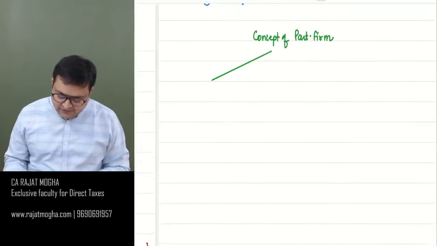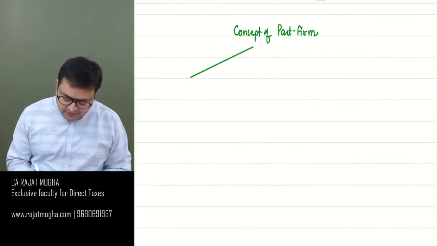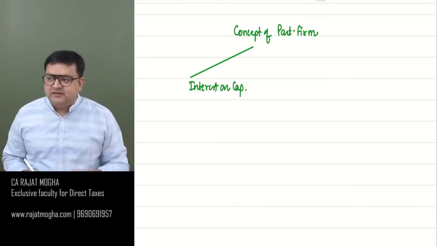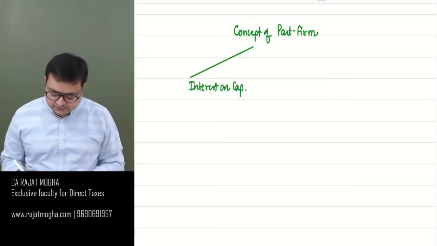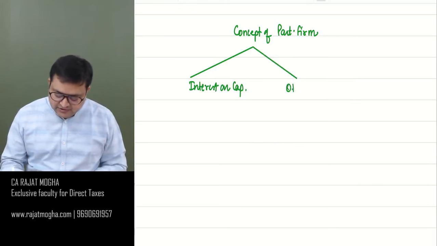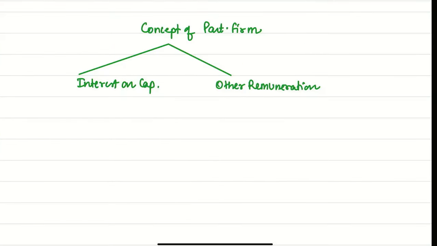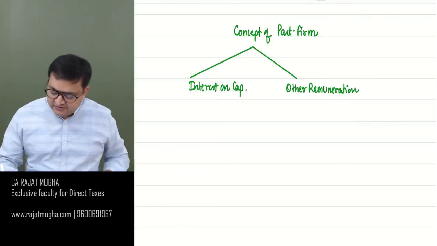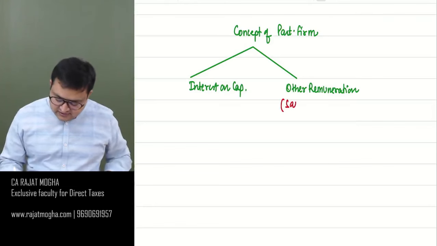If partners receive interest on capital, if partners receive other remuneration like salary, bonus, commission, etc.